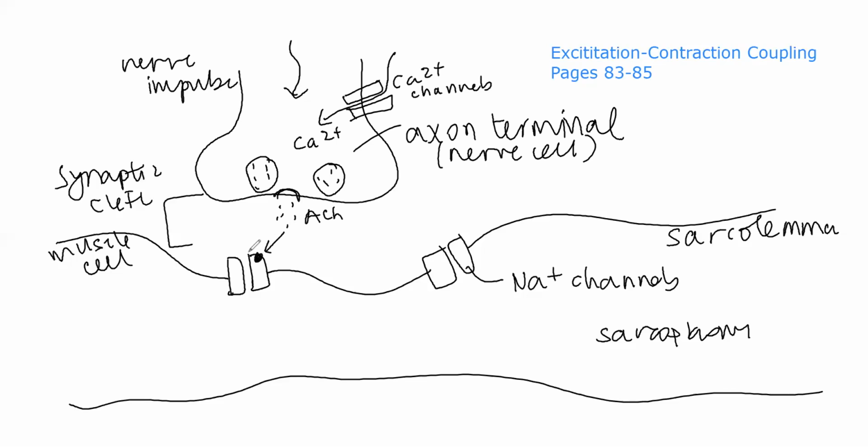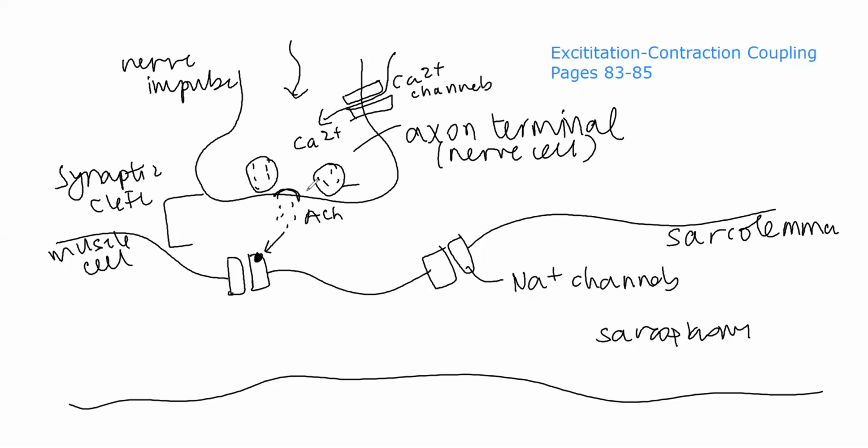Okay, let's do it again from the top. When a nerve impulse travels down the axon terminal, that stimulates the opening of calcium channels. Calcium channels open, allowing calcium to flow from the interstitial fluids into the axon terminal. Once inside, calcium allows for these vesicles, right here, to move toward the end of the axon terminal.